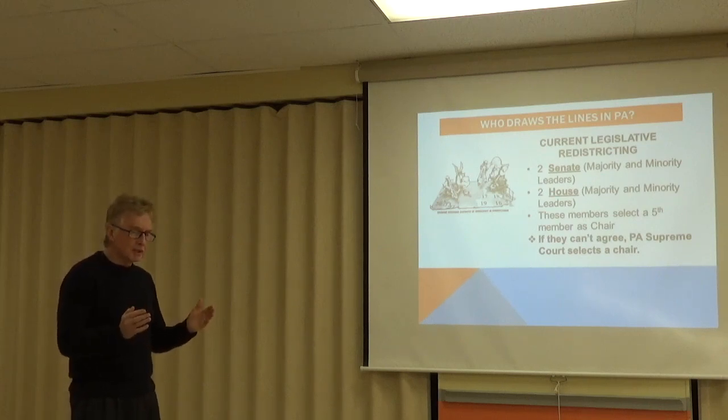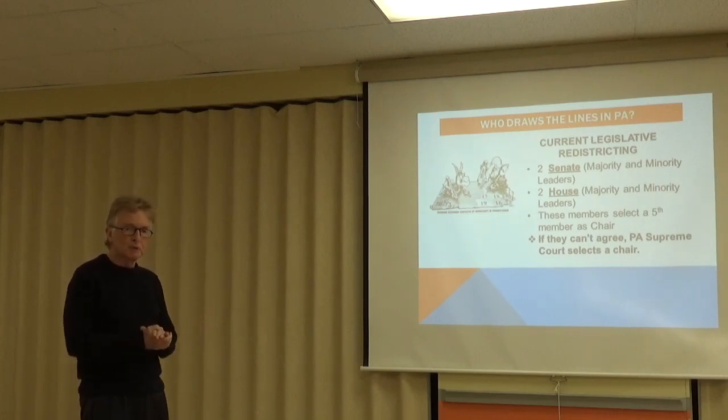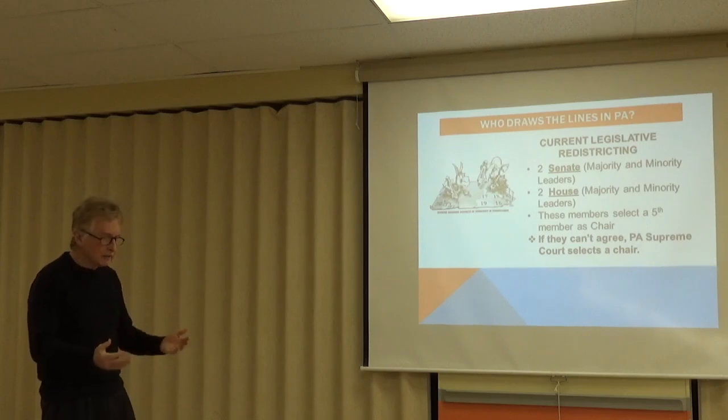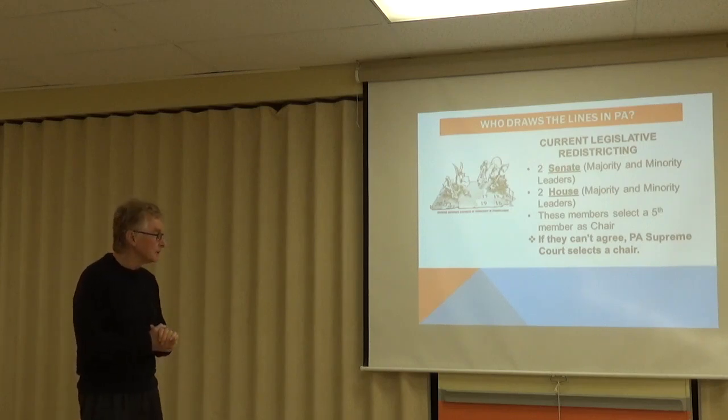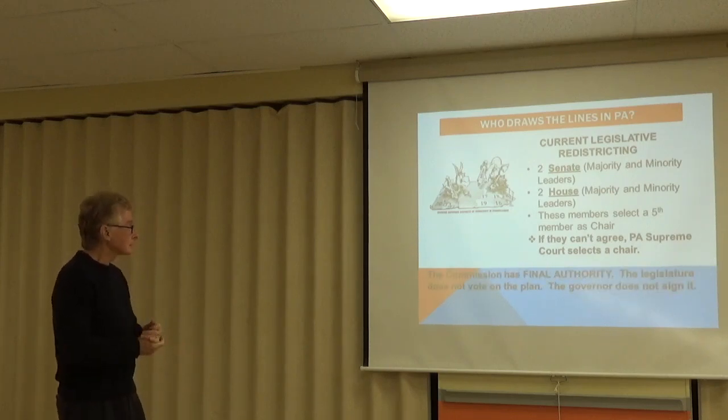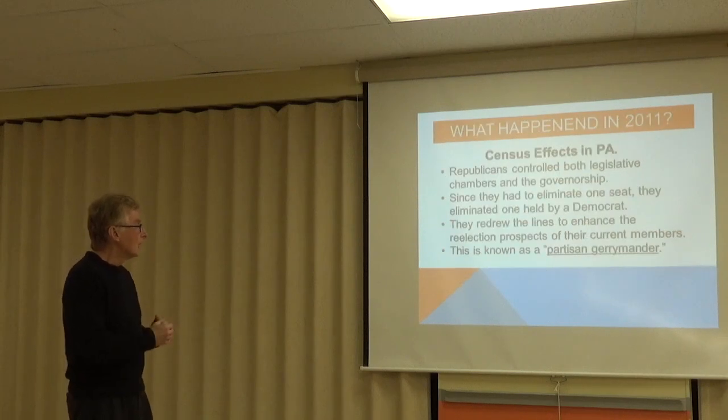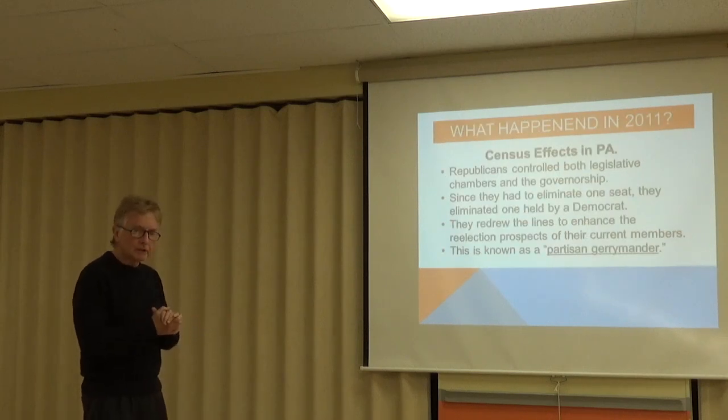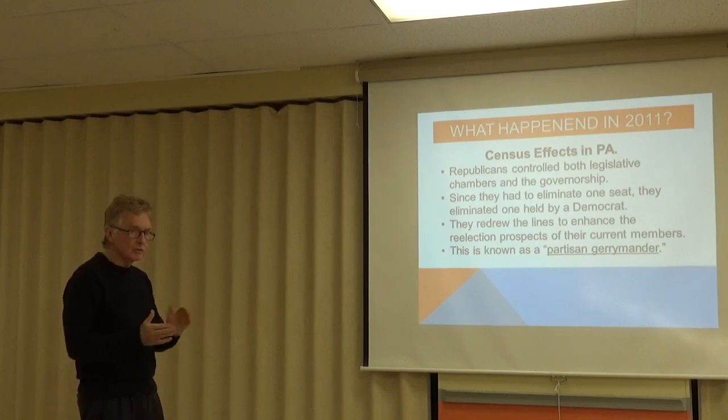Usually what happens is they can't agree on a chair because of political differences. So then at that point the Supreme Court intervenes and they select a person to be the chair. By the way, on that, the governor has no authority. It's just those 5 people that make the decision.